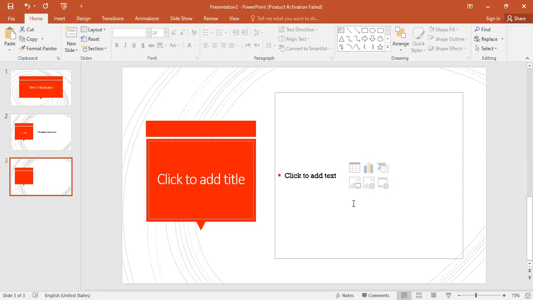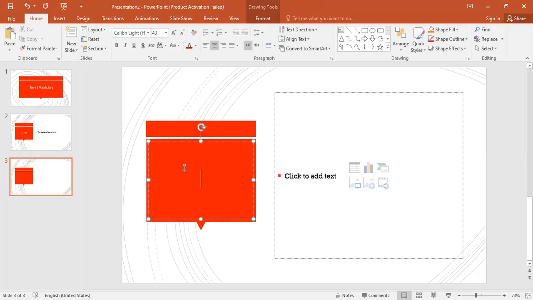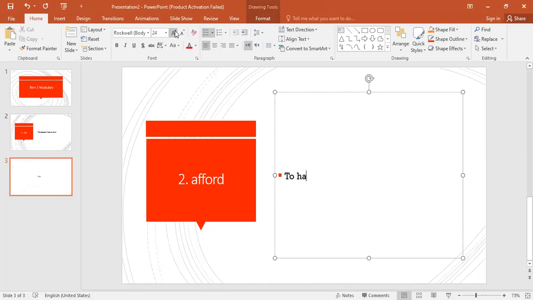Excellent. When you have enough money to buy something. Very good. Okay, so if you afford something, this means you have enough money to pay for something.